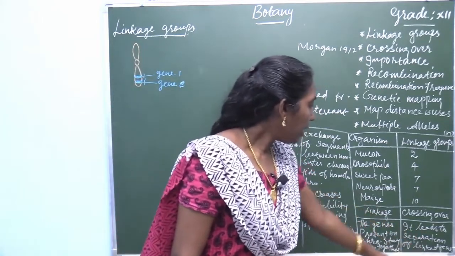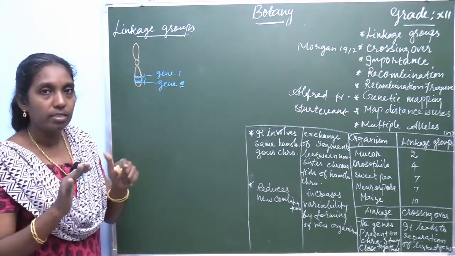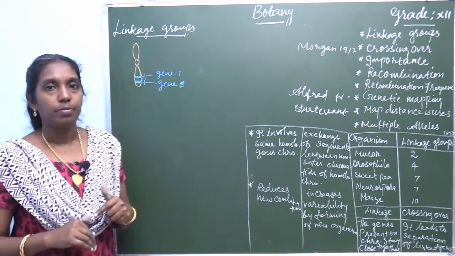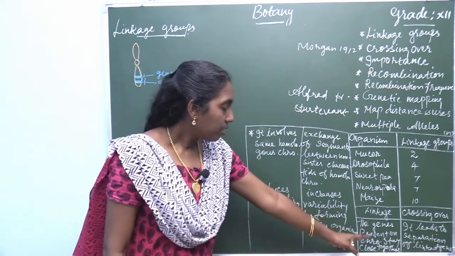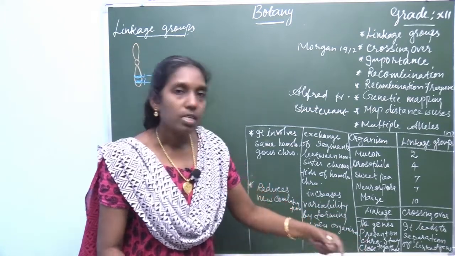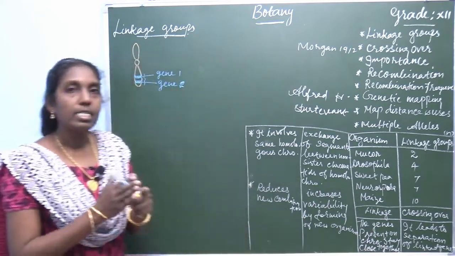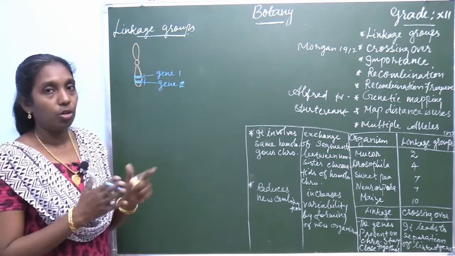Crossing over leads to separation of linked genes. These two linked genes are separated when crossing over takes place. That's the first difference.